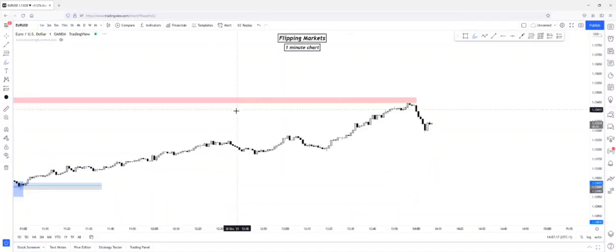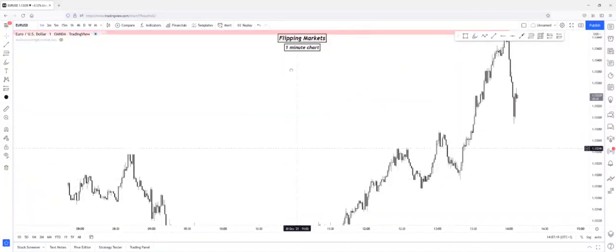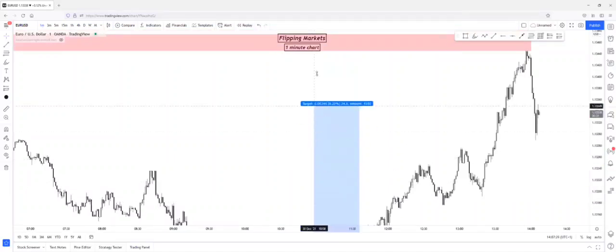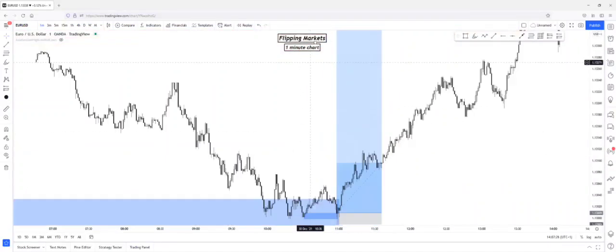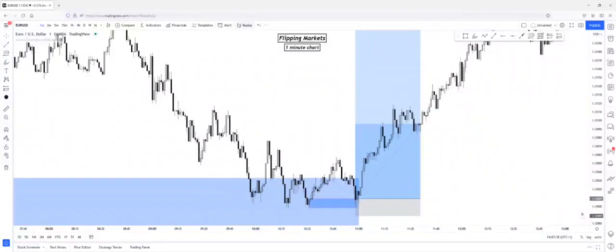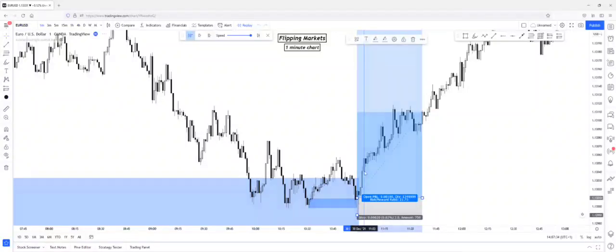Okay, so let's switch to the 1 minute, and you will see that I will just extend the target point after this supply zone. Okay, so you will see that we have a really great entry opportunity, and I will just replay the price here.